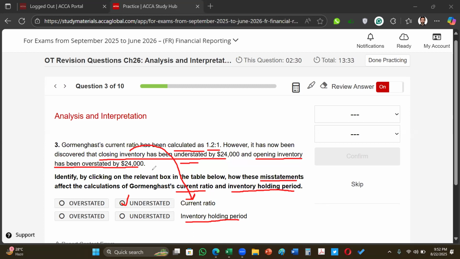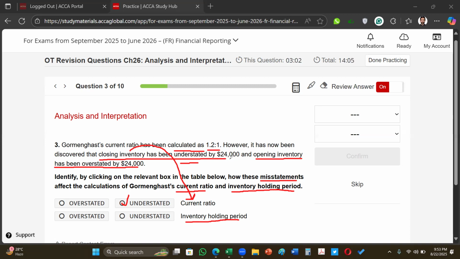Do you understand that for the inventory holding period, we use the average inventory? When we add a lesser closing inventory figure and a higher opening inventory figure and divide by 2, this is not going to have an impact on the average inventory. But the inventory holding period is the mix of two things: the cost of sales and the average inventory.